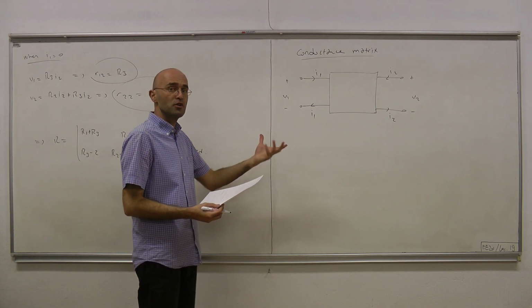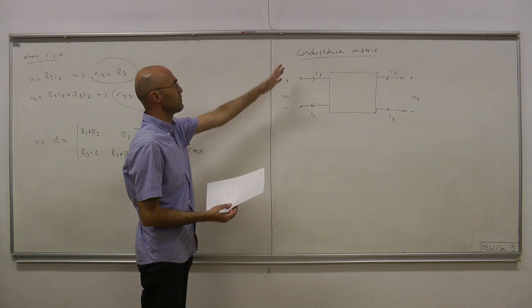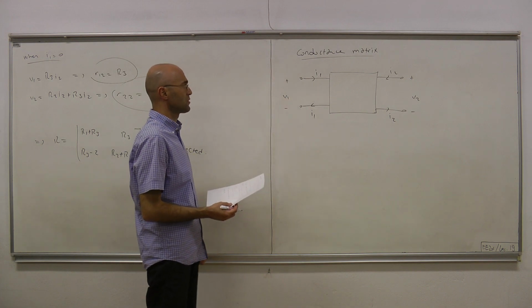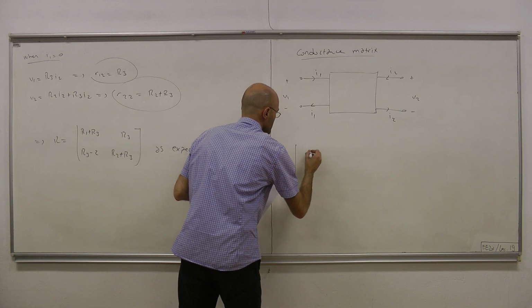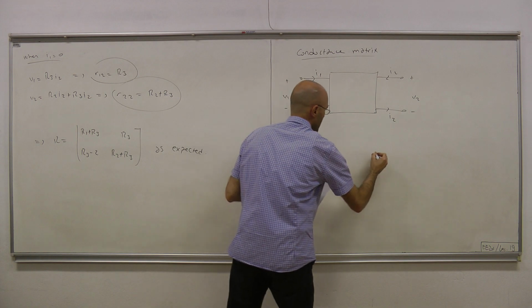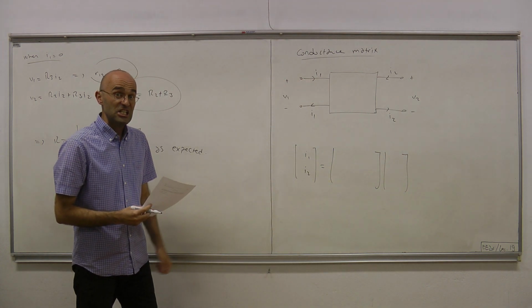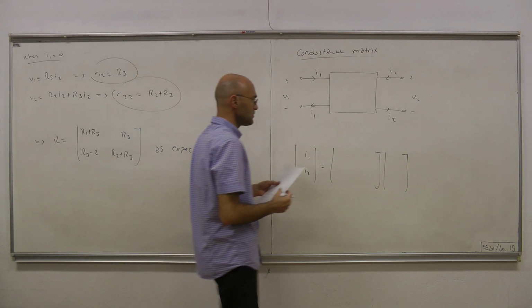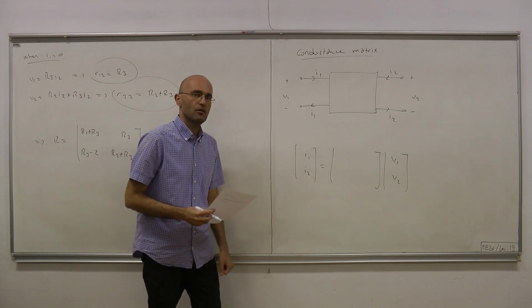Okay, once that condition is satisfied, then it's meaningful to be able to talk about certain representations. So by conductance matrix, not surprisingly, we're talking about a matrix that we'll call G, matrix G in general, which relates the voltage vector to the current vector.